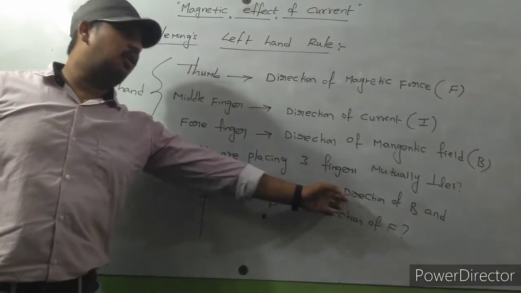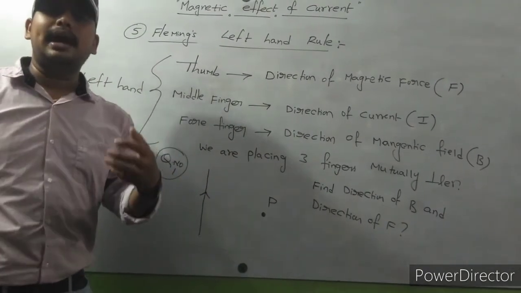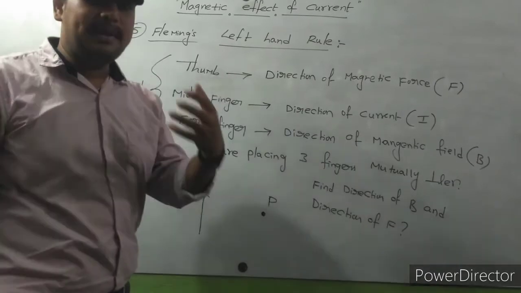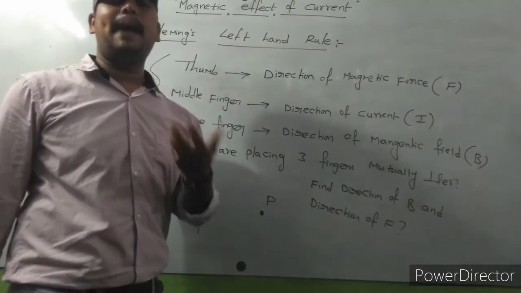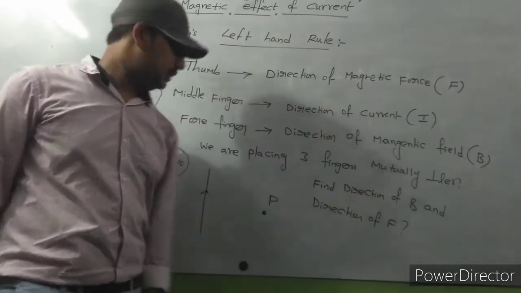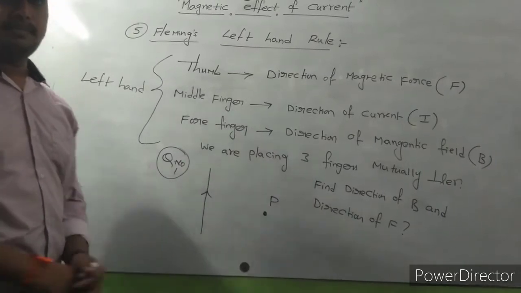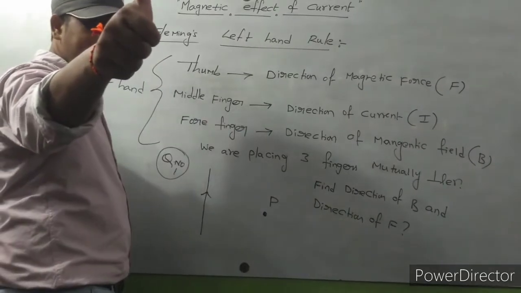Direction of field, how to find? We find direction of field by using the right hand, that means Ampere's right hand thumb rule. If you know the current direction, then magnetic field direction is easy to find.